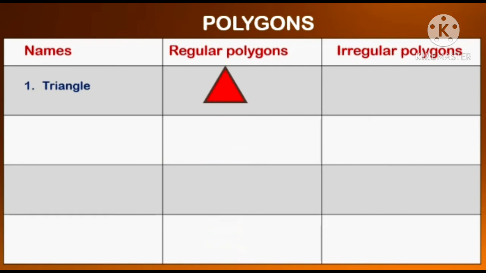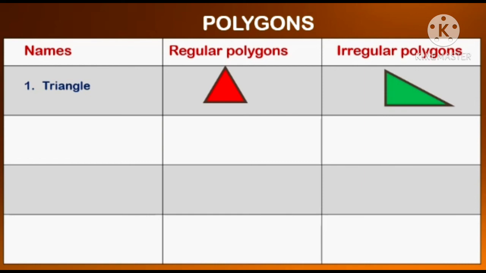Why, children? Its three sides and three angles are equal. Then what is an irregular three-sided polygon? Triangles with sides and angles not equal are called irregular triangles. For example, isosceles triangle, right triangle, like that.